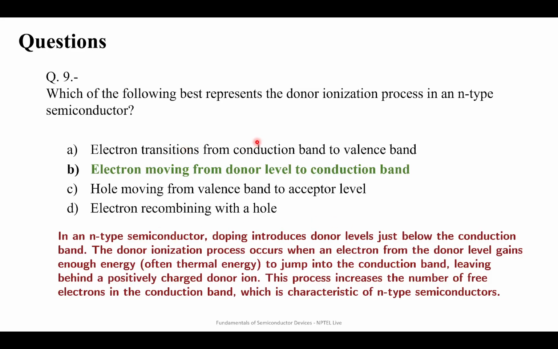When you ionize these donors, the electron moves from the donor level and jumps to the conduction band, and it leaves behind a positively charged donor ion. Due to this donor ionization, the number of free electrons in the conduction band is increasing, and this is why it's called an n-type semiconductor.